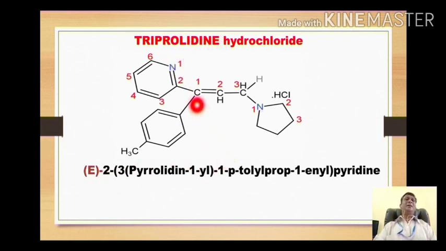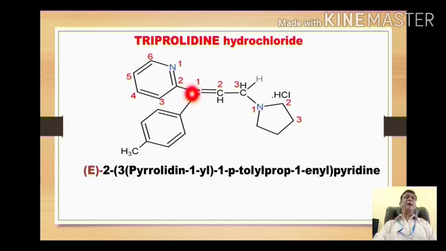Now this is the carbons, this is 1 and 2 carbon where the double bond is present. On this first carbon, the 2 groups attached are the pyridine and the phenyl ring attached with a methyl. On this carbon we have 2 groups, out of which one is hydrogen and the other one is CH2 along with a pyrrolidine ring.